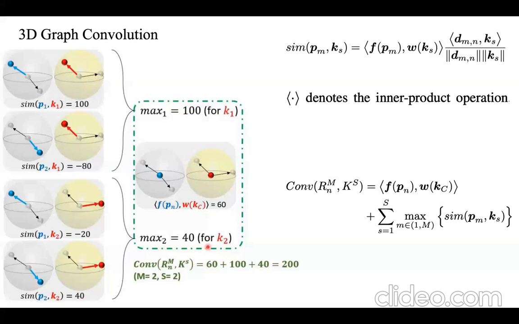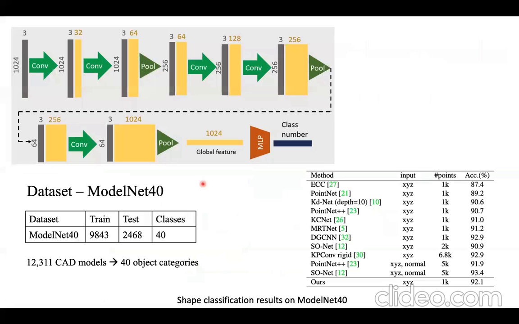And through this convolution, through this dot product, they had got some values, so they add them up and they finally get a value. The input here is the receptive field of the point Pn, and of course, we have the kernel. And now they got this value. So this is the convolution operation they have suggested.